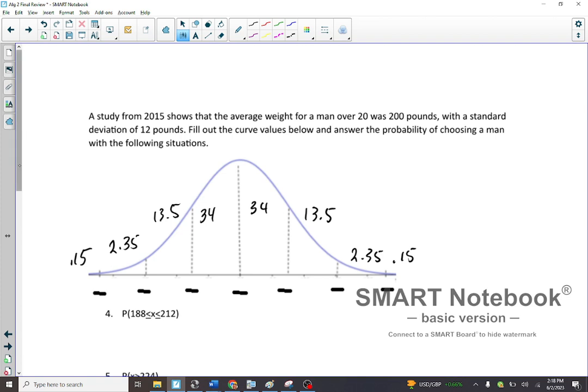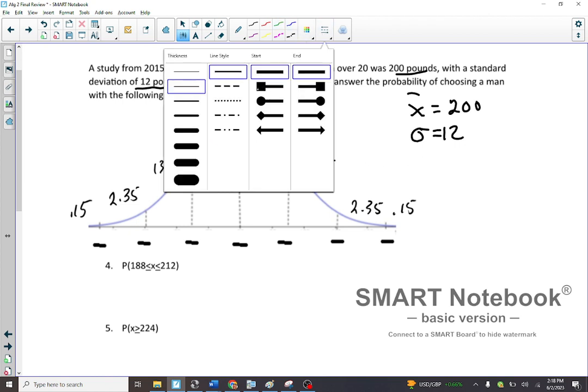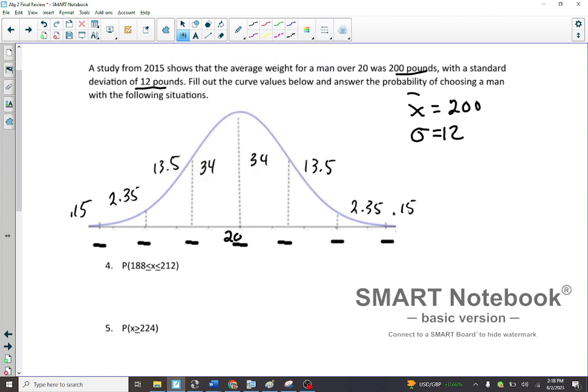All right, study shows all this. The key points you want to know is that the standard deviation is 12. So your standard deviation is 12. And your mean was 200. So your X bar is 200. Which means what I'm going to do is put in the middle 200.